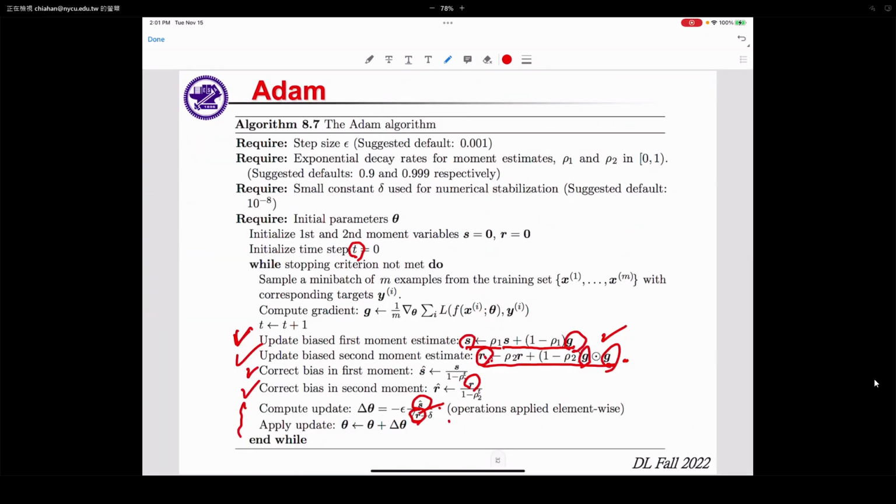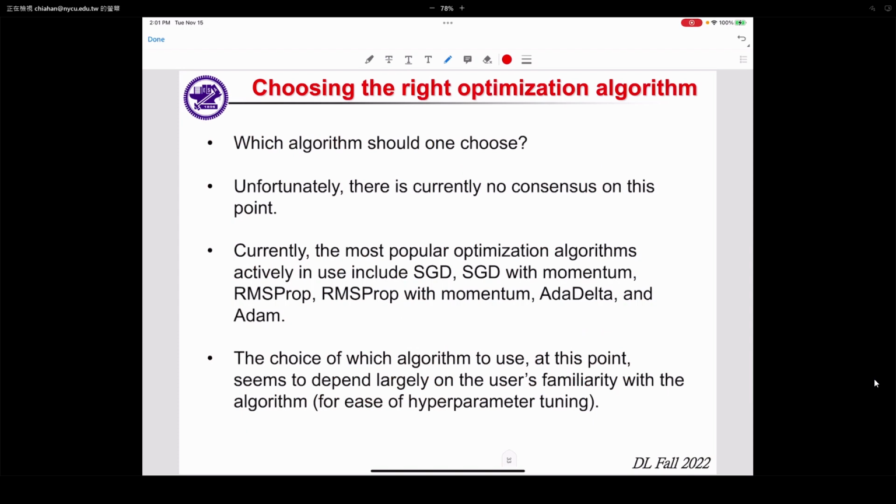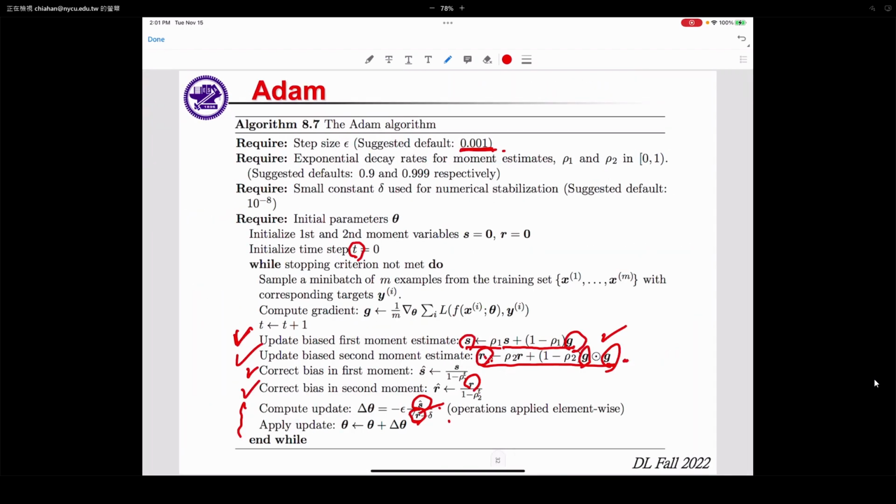So it is said to be more robust. Here are some suggested step sizes, but in practice it's better to refer to papers and start with the values provided by the paper. So Adam is the most popular one.